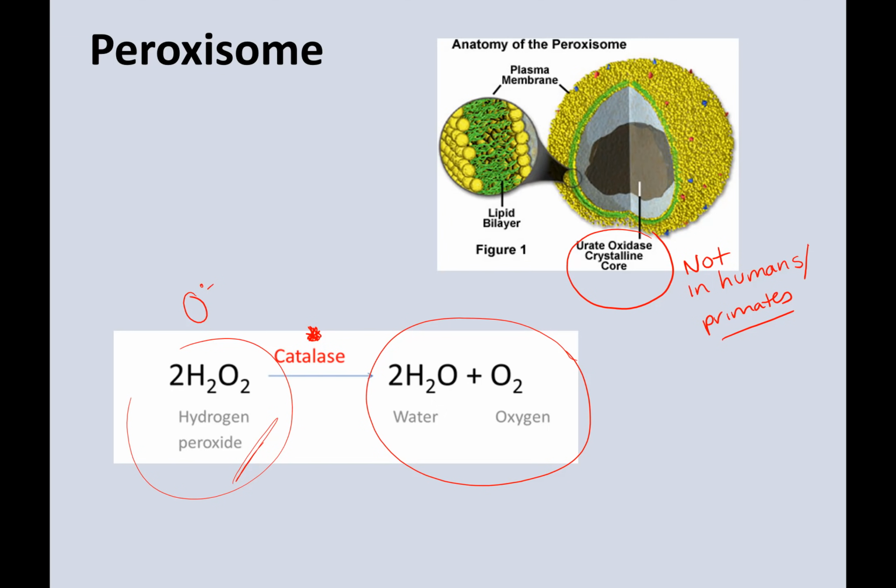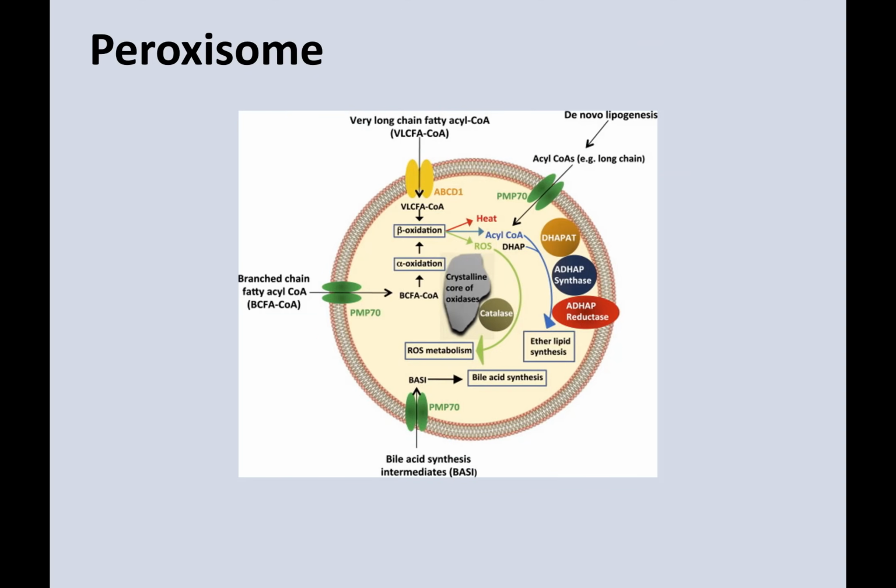So maybe we want to keep uric acid around to help get rid of these. Anyways, long story short, you can look at your peroxisome organelles and they do not have this crystalline core. So peroxisomes are best known for catalase, breaking down hydrogen peroxide, but they do some other important digestive functions.